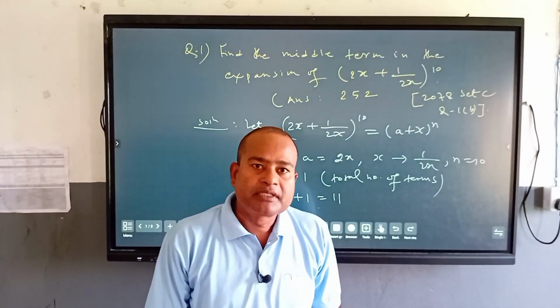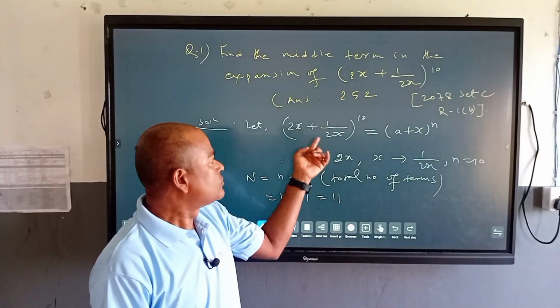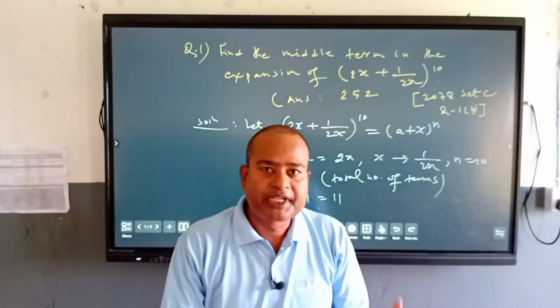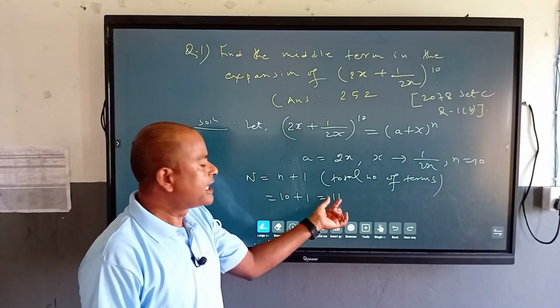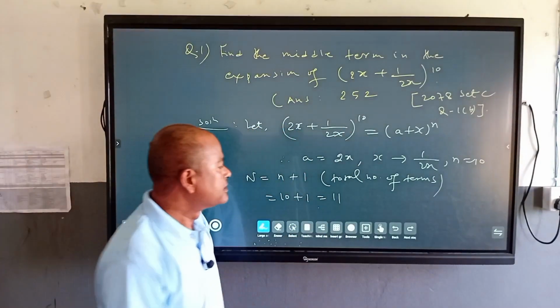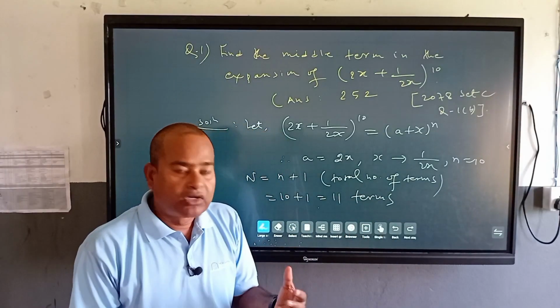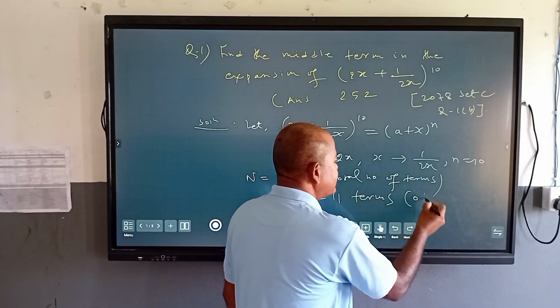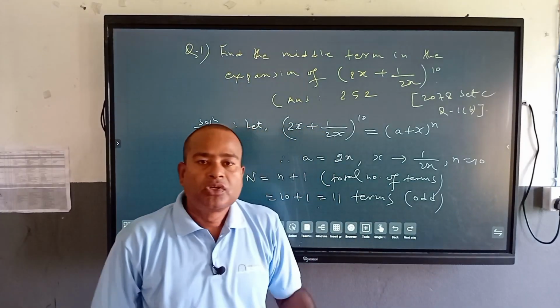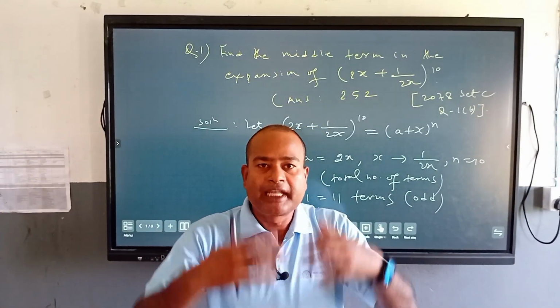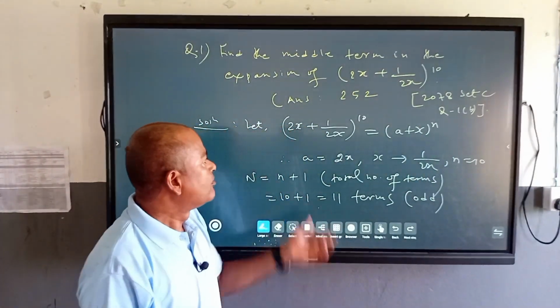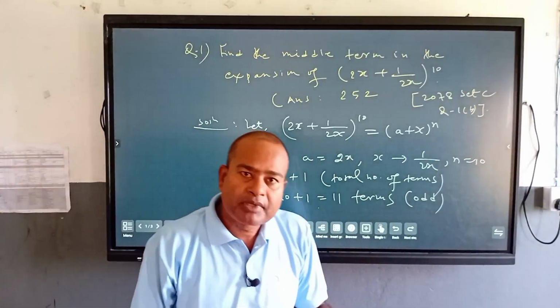So dear students, in the binomial expansion of (2x + 1/2x) whole power 10, altogether there are 11 terms, and 11 is an odd number.